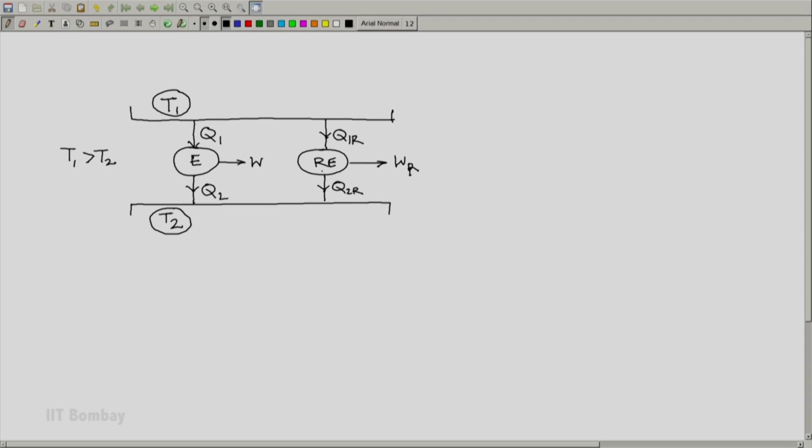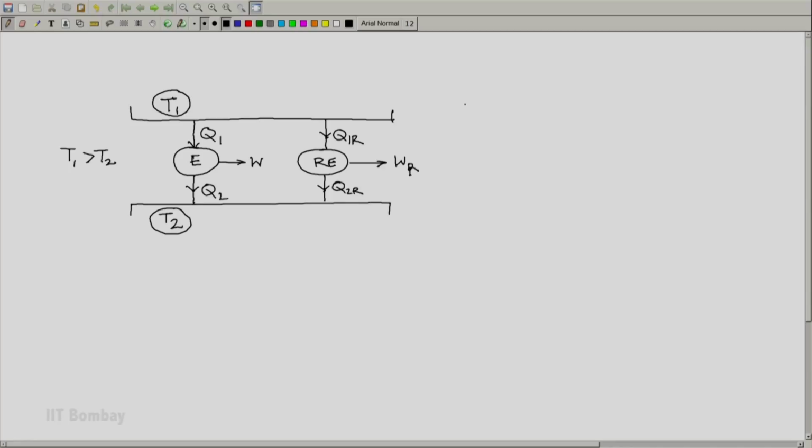If I run it as an engine, the interactions are as shown, whereas if I run it in reverse, that is as a refrigerator, Q2R will be absorbed from the low temperature reservoir, Q1R will be rejected to the high temperature reservoir, and WR, the work, will be absorbed. The three arrows will get reversed or inverted in their direction. That is something which we can do and we will do to demonstrate the proof of Carnot theorem.